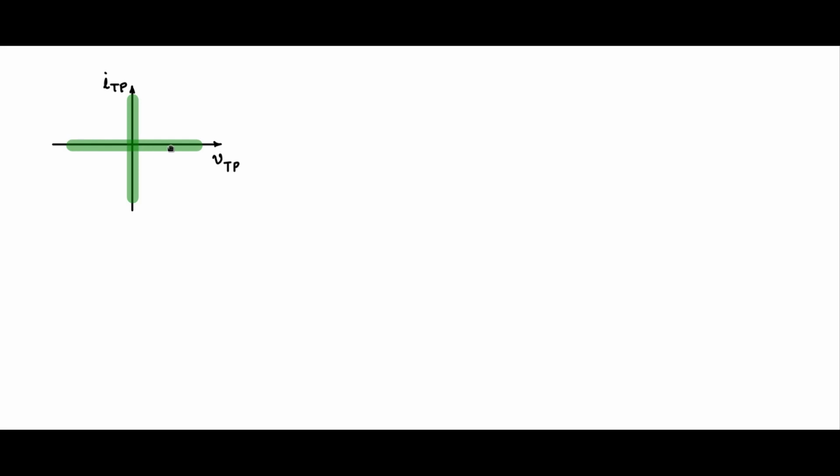Now, as against this, how does the static characteristic of a practical semiconductor switch appear? Let us take BJT for an example and see how its static characteristic looks like. So let us say this is the symbol of the BJT.